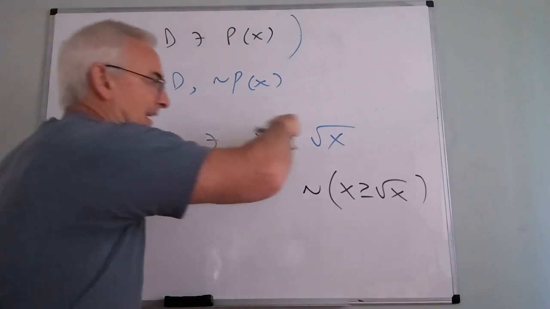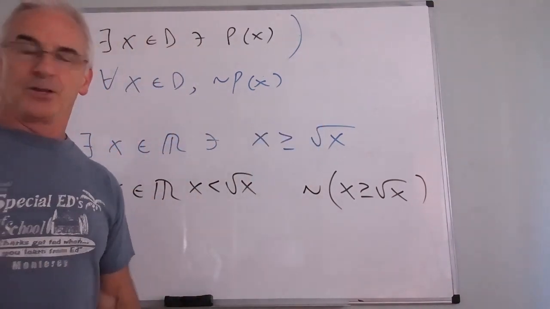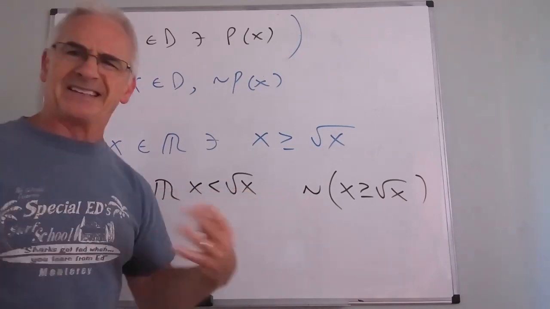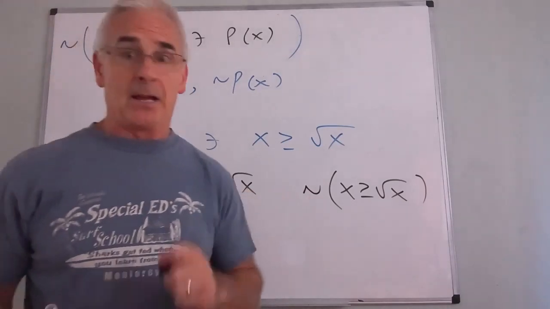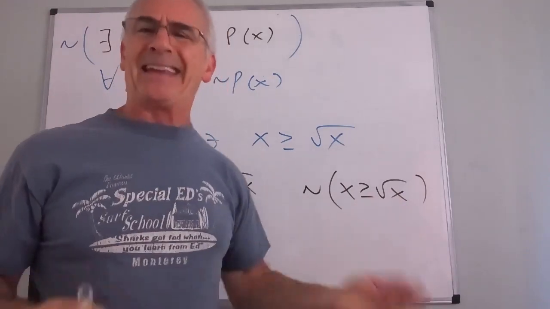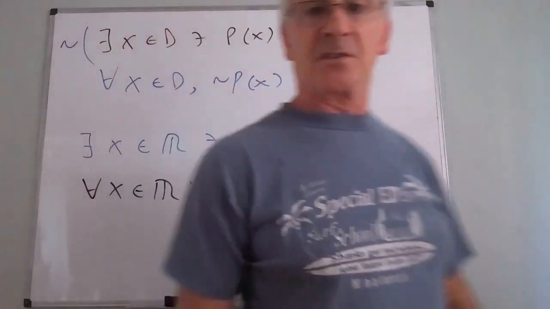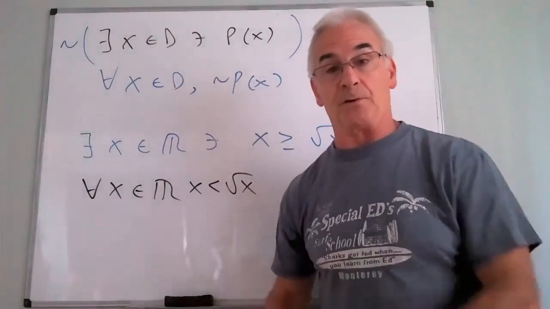If I had put an equal sign here, then you would put a not equal sign here. You wouldn't leave it in this form because it's a little bit ambiguous. You're saying it's not whatever that says, but what is not whatever that says? I can complete that sentence. So the negation of an existential quantifier is a universal quantifier. The negation of a universal quantifier involves an existential quantifier, but with the opposite result.